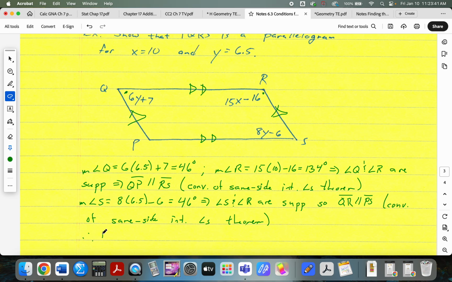And therefore, since both pair of opposite sides are parallel, we know that it's a parallelogram.